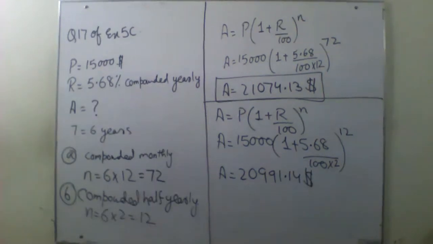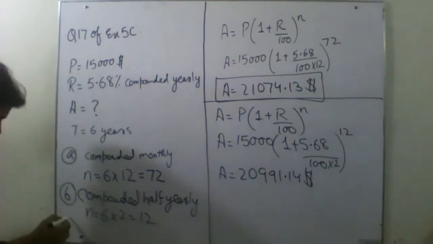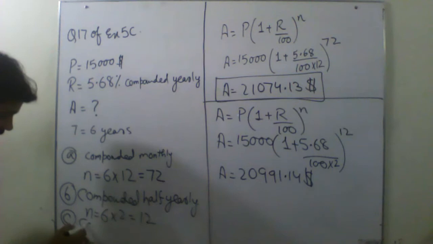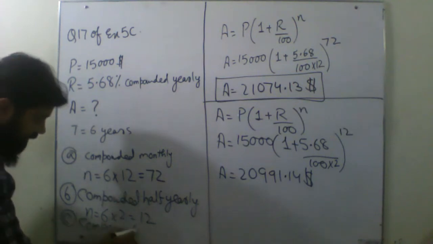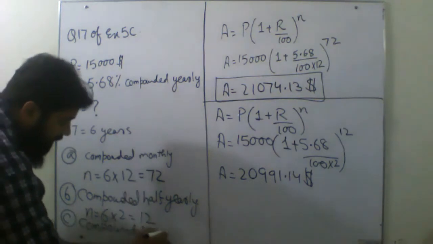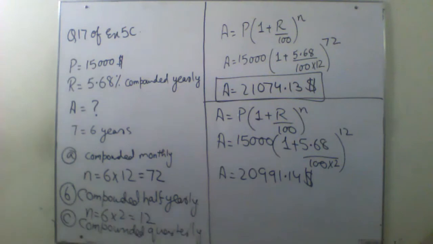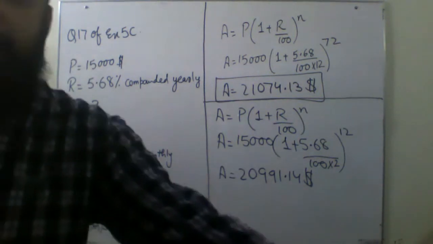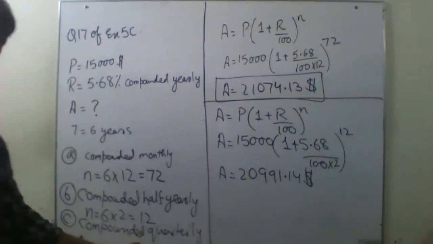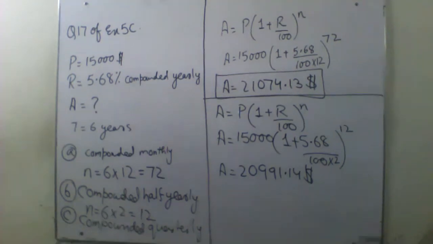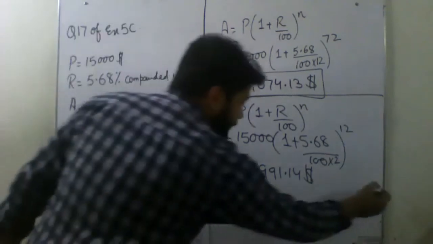Okay. Let's say I have to find the same working with compounded quarterly. Now they are saying that I have to do the same working when the interest is compounded quarterly. I'm going to write the formula again.